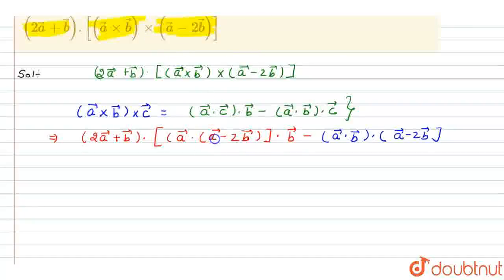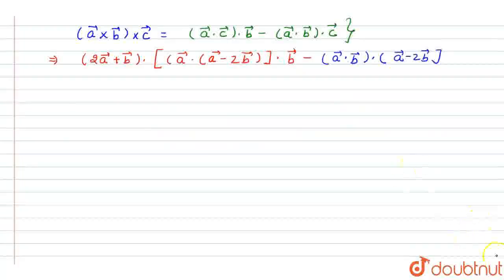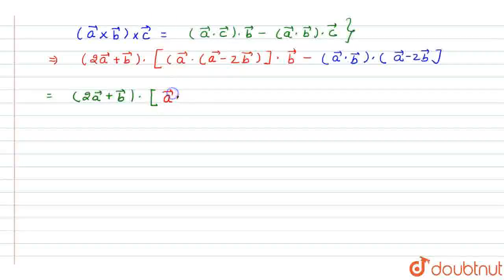Now we have to solve this equation. We keep 2a vector plus b vector as it is. We multiply the a vector inside, and get a vector dot a vector minus 2a vector dot b vector, and outside it is times b vector.